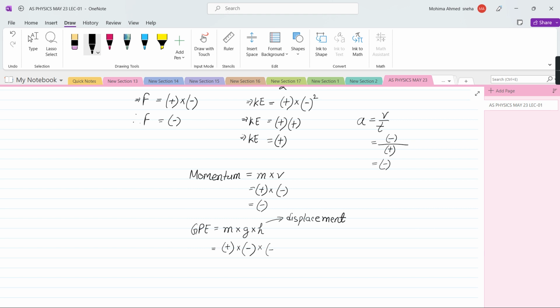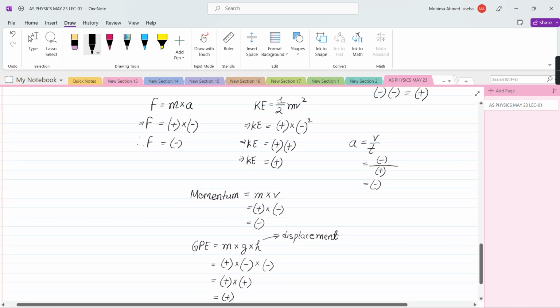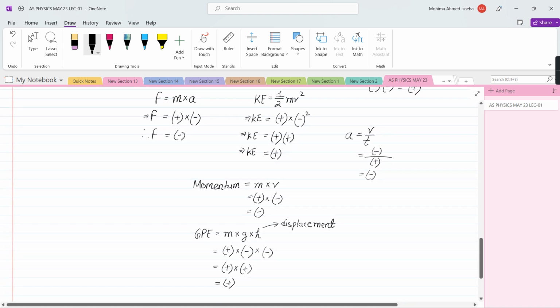So here it will be minus. So plus, minus, minus. The final: mass is positive, and if you multiply two minuses together, it will again be plus. So plus and plus, the final sign for gravitational potential energy is positive. Is my explanation entirely clear for GPE and momentum?